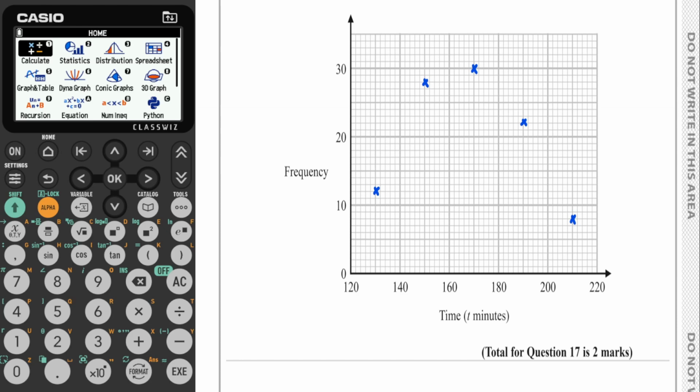And then we join these up with a straight line. As so. So here is our frequency polygon.